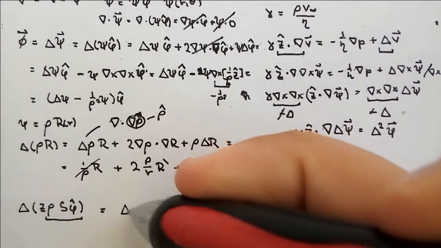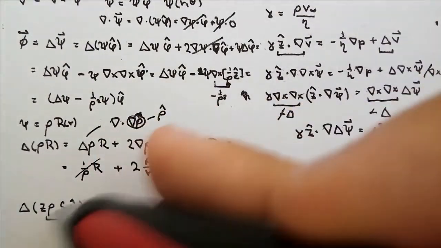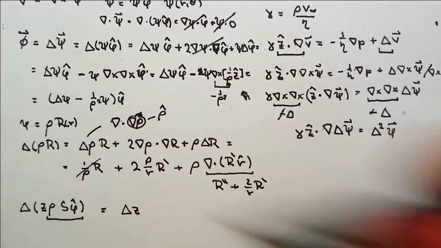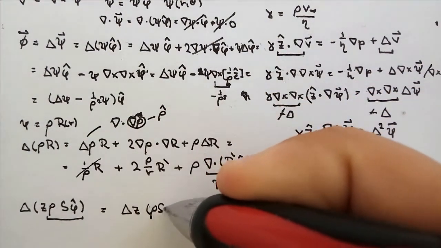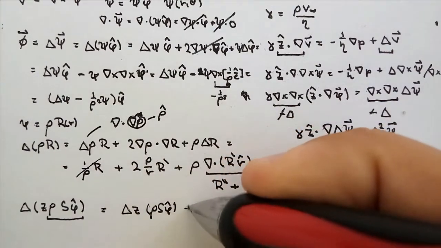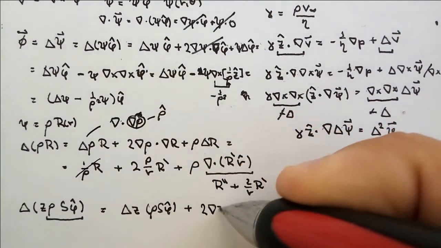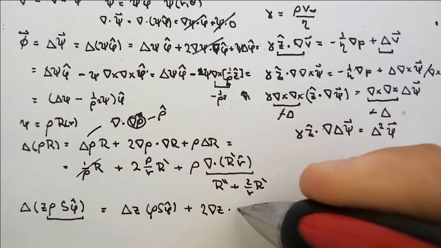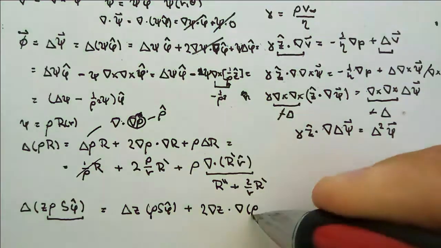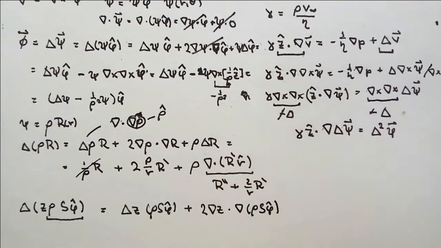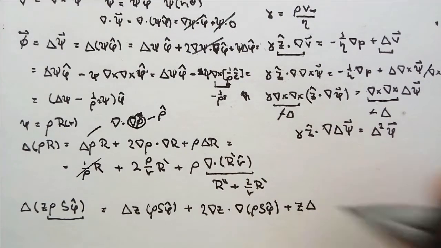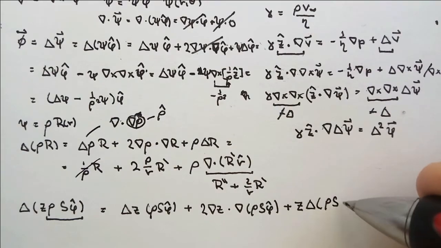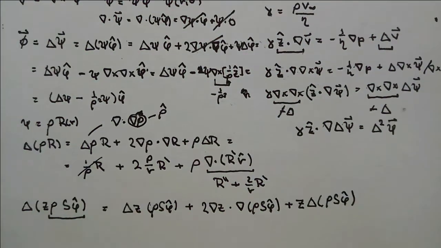This is Laplacian of z times, again we use the Leibniz rule for the Laplacian, so this is rho s phi plus 2 times z dot product with the gradient of rho s phi hat plus z times Laplacian of rho s phi.